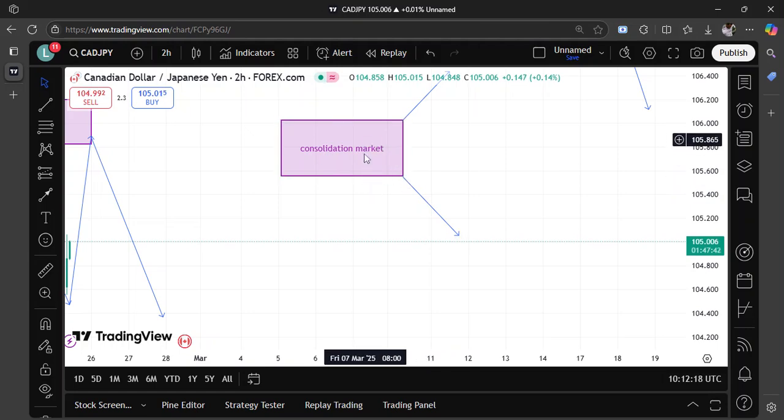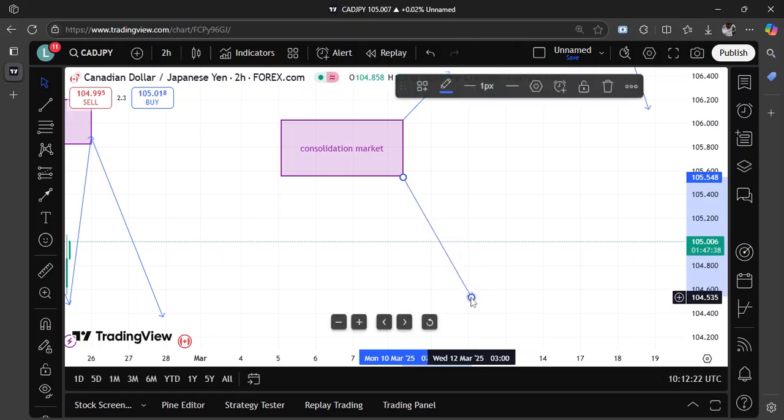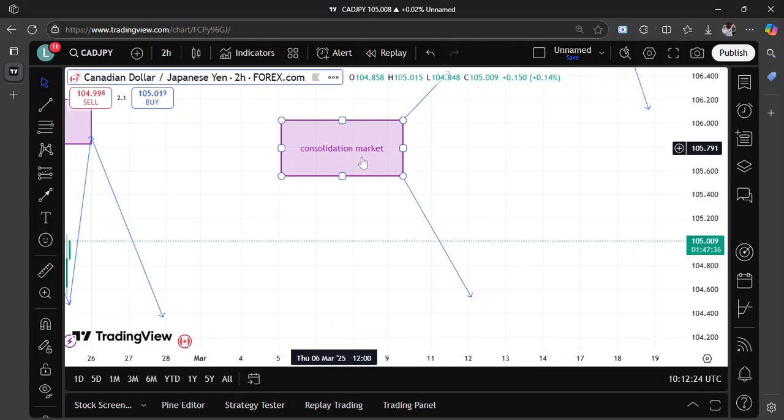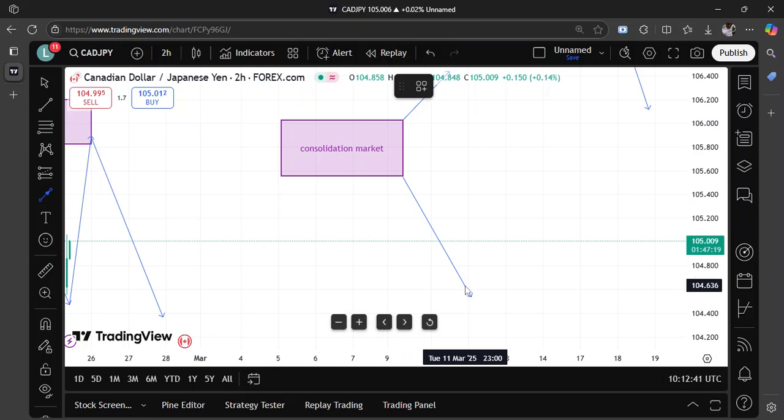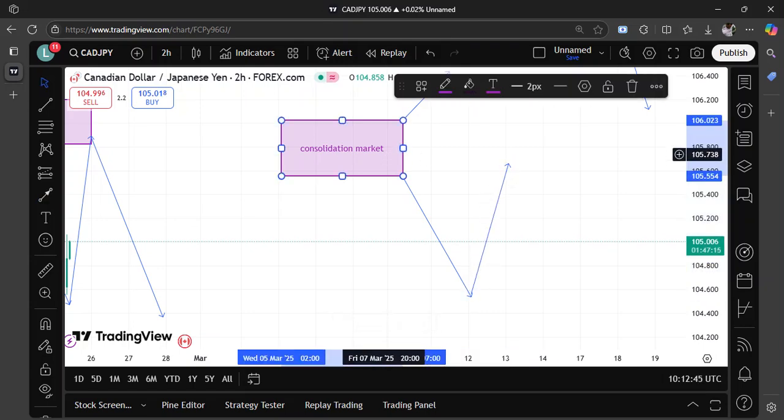But if this market expands downwards, this is giving you a selling opportunity, because this consolidation market is a magnetic place in price that will definitely suck price back to it. So if there is a first expansion downwards, it means this market will return back to this area of consolidation.